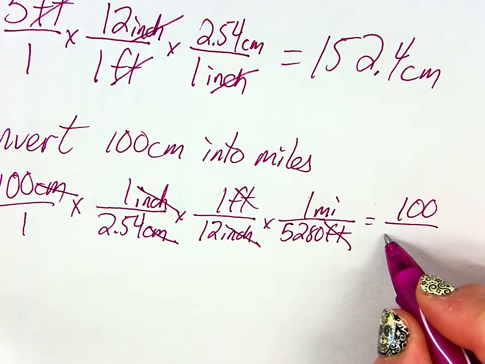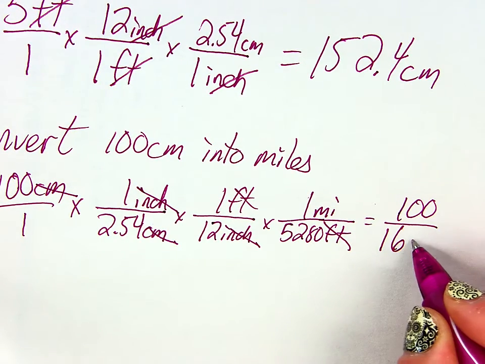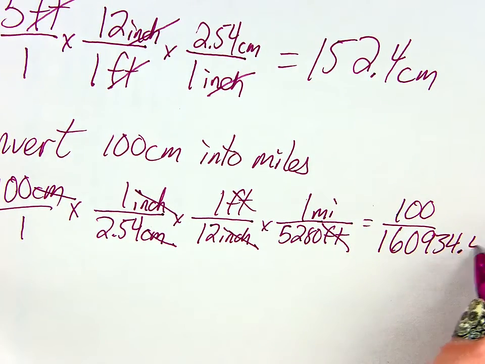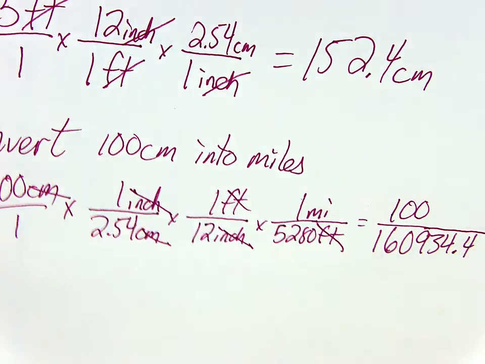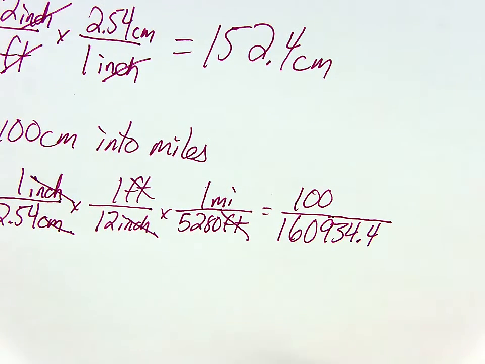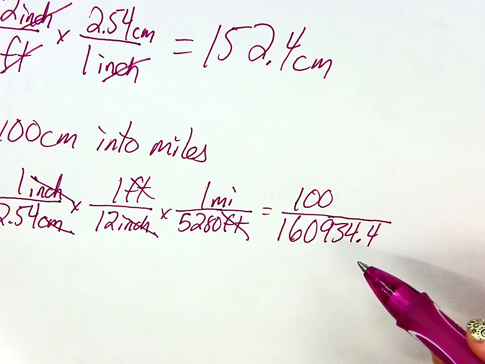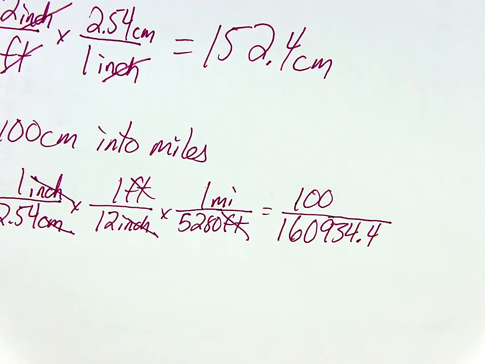Woo! 160,934.4. You're not quite done yet. You just have to divide that fraction, because I have to see what my final answer is. So I'm just going to do 100 divided by all that and see what tiny portion of a mile 100 centimeters would be. We already said it was going to be really small.